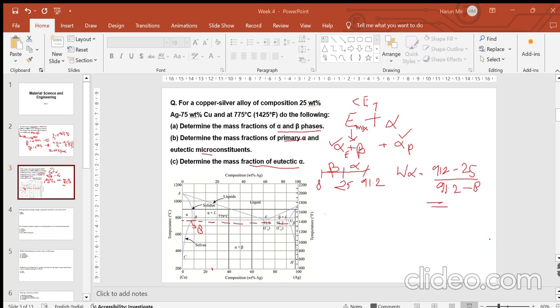Now you can calculate the weight fraction of your pro-eutectic alpha or primary alpha using this. That will be equal to 71.9 minus 25, divided by the complete lever, which is 71.9 minus 8. So that will give you the weight fraction of your alpha.